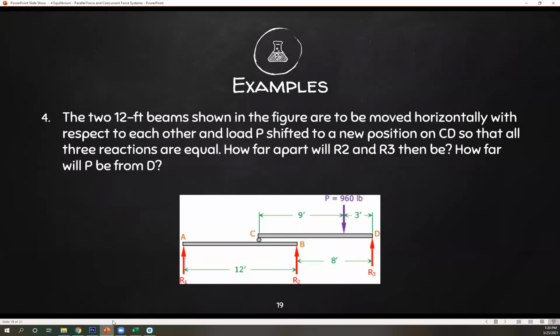Number 4 is a bit tricky. So the two 12-feet beams shown in the figure are to be moved horizontally with respect to each other, and load P is shifted to a new position on CD, so that all 3 reactions are equal. How far apart will R2 and R3 then be, and how far will P be from B?